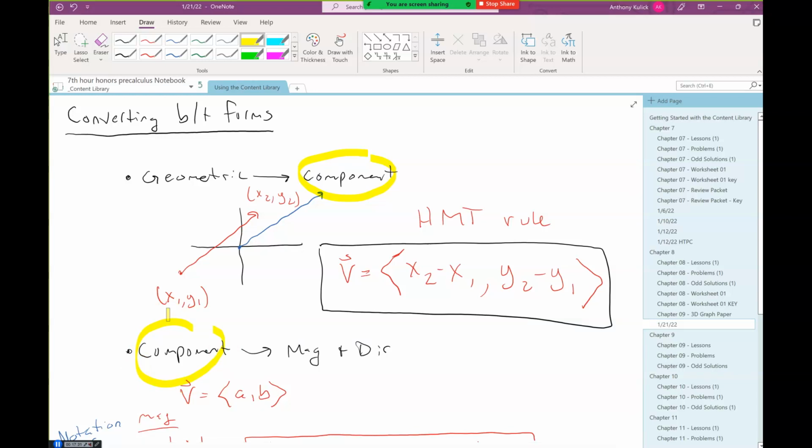That's actually the easiest way to do it rather than going directly. Everybody cool with that? And the other piece that I'm missing is component to geometric. That's trivial though, because the definition of component form is the tail at 0, 0 and the head at the component. So there's nothing really to write there either. Everybody cool?